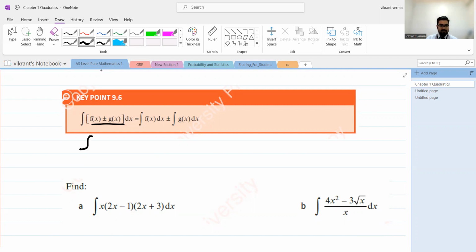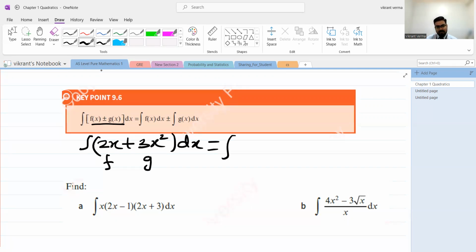So for example, if I apply this here to find the integration of this function, I can consider the first function to be f and the second function to be g. So I can simply write 2x, then a plus sign, then 3x square dx.